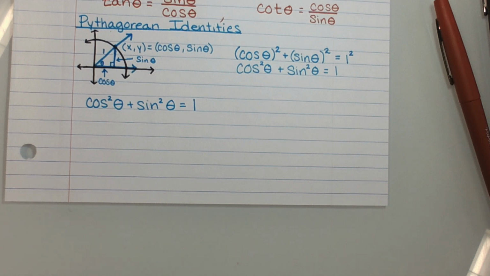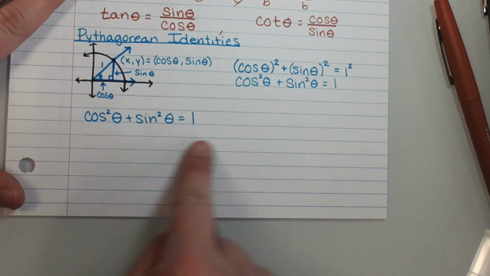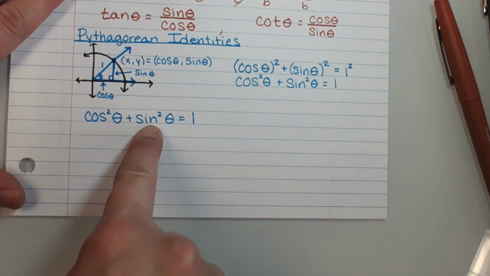How we do that is using the quotient identities. Let's say I want to get tangent involved. According to the quotient identity, tangent is sine divided by cosine, which means if I want to get tangent involved in this, here's my sine, I want to get it divided by a cosine.